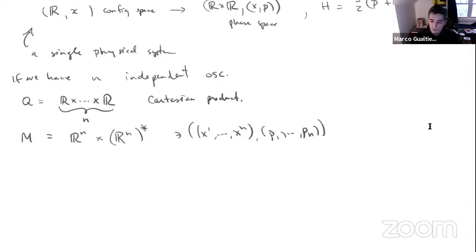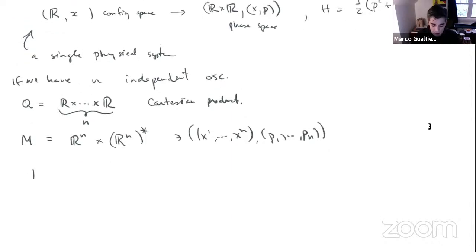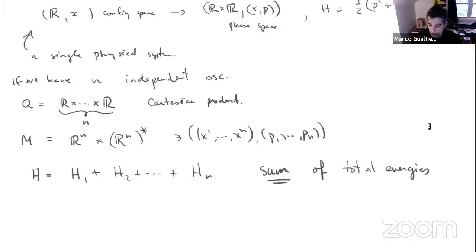Then the Hamiltonian of the system, what's the total energy? It will be the sum of the individual energies, so H1 plus H2 plus Hn. It will be the sum of the total energies of each component.